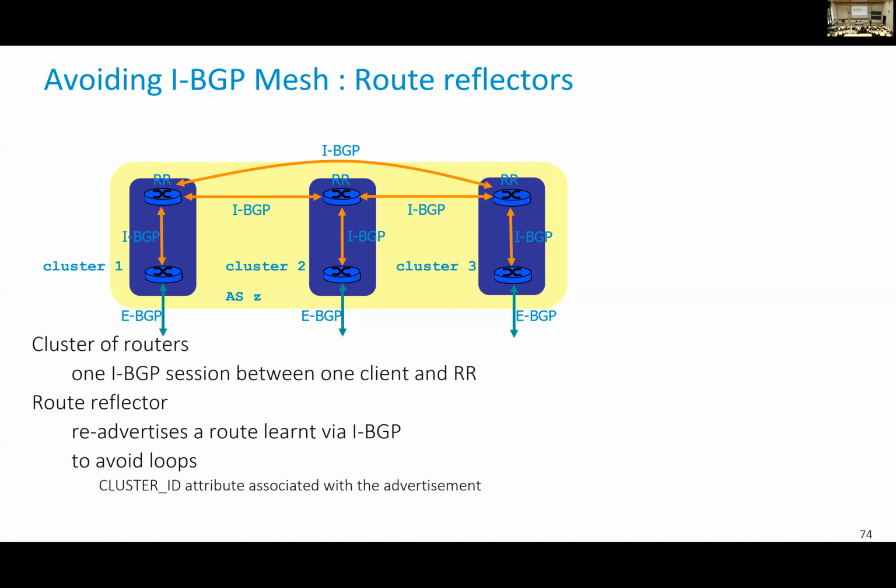They don't compute best routes. They don't change attributes. It is a pure message distribution mechanism. So everything we've said before remains the same. It is just that the way to exchange a BGP message between this and that goes via two intermediate mailboxes, which are the route reflectors here.